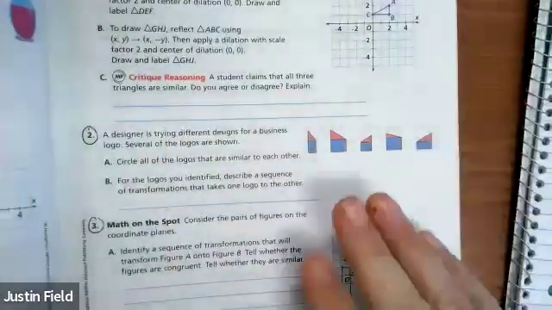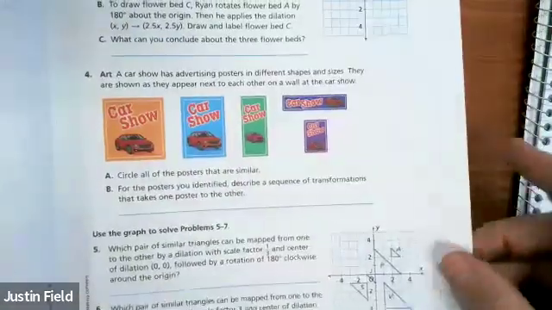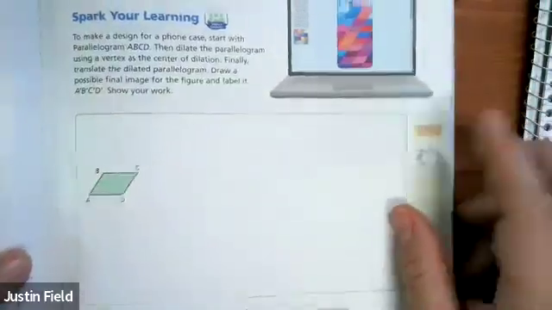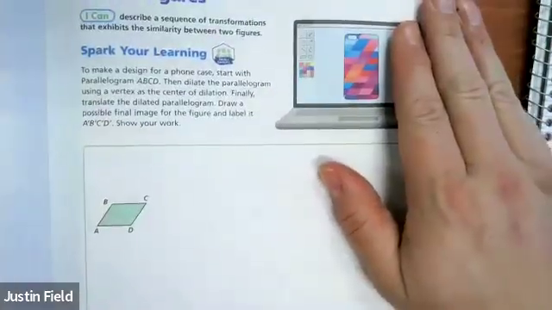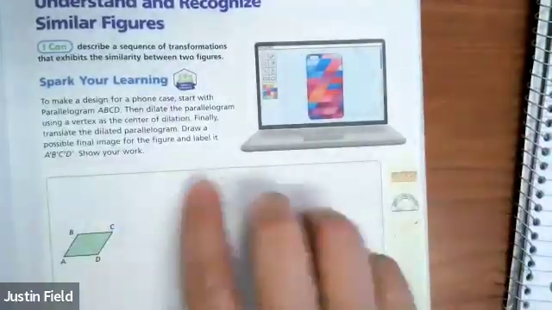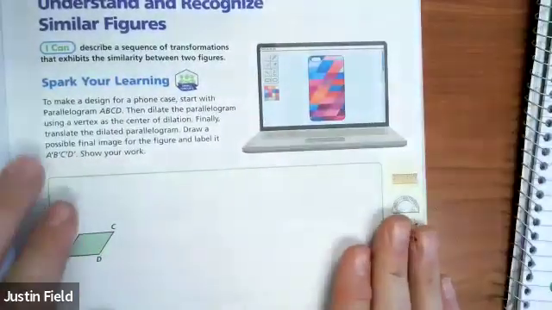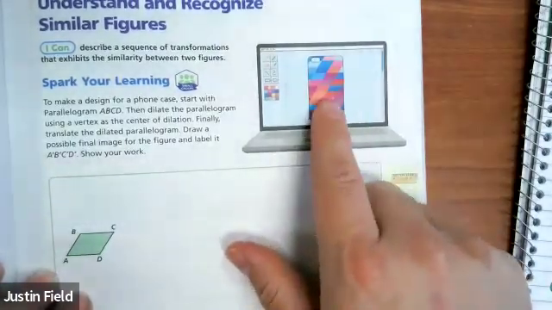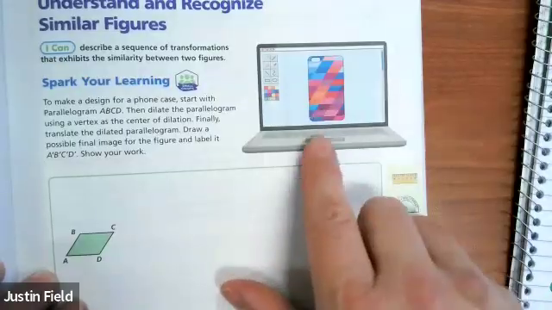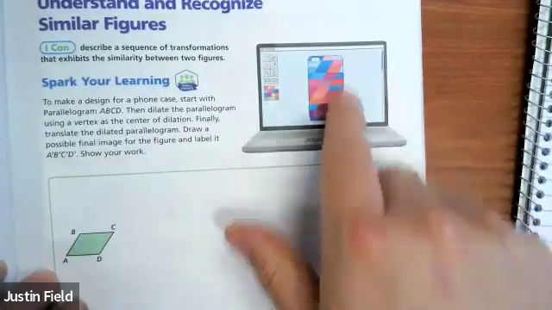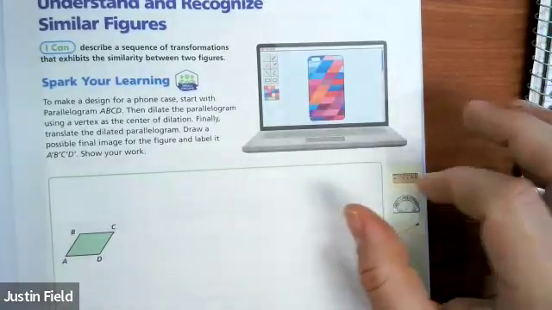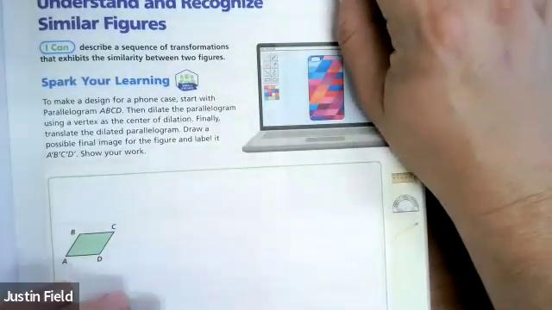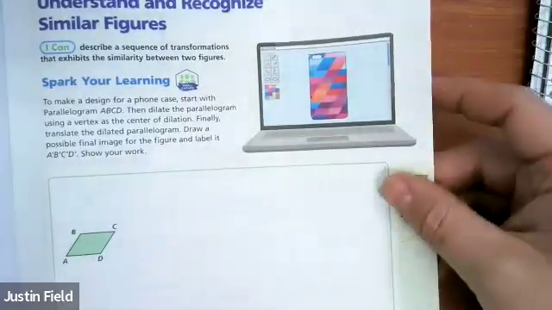So now let's look at our beloved textbook pages here. So we start out with this, anyway, with Spark Your Learning, talking about designing a phone case. So we could take a pattern of parallelograms and we could translate them, but we could also make similar ones, by expanding or contracting our original shape.